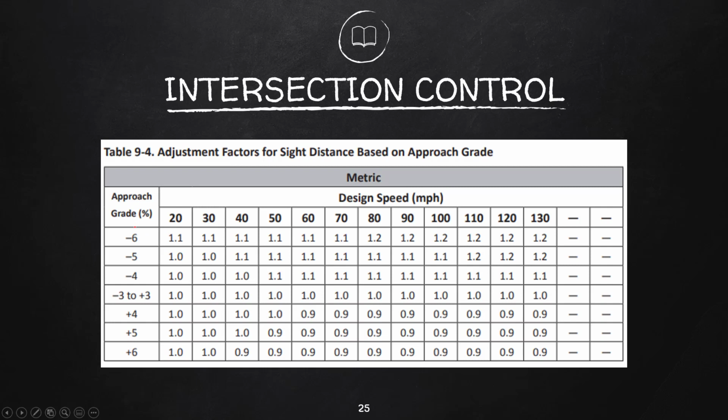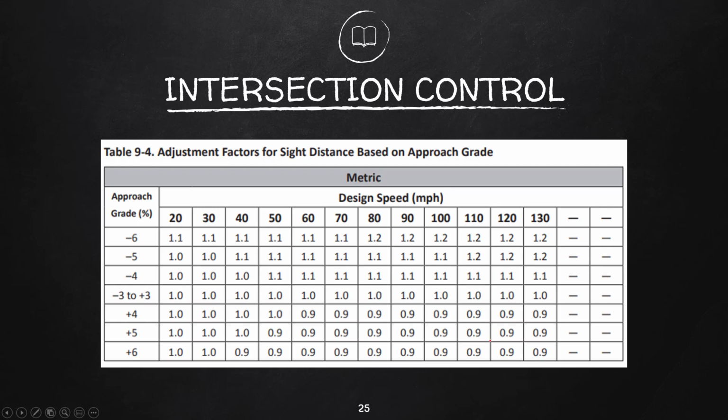For downhill, the factors are higher because you will need to add to the leg, because we need to provide more distance. If you are going downhill, it is harder to decelerate as compared with going uphill.